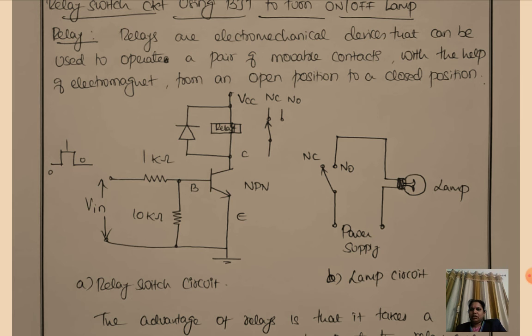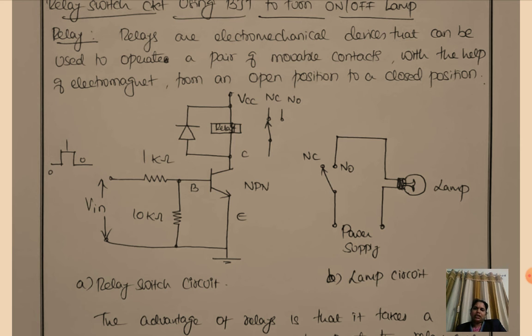When I give a square wave as the input voltage, as we have seen in the last circuit, the operation is almost the same. When the square wave is 0, that is when it is in the low position, the input will be 0. There will not be any base current. If the base current is 0, the collector current is also 0.